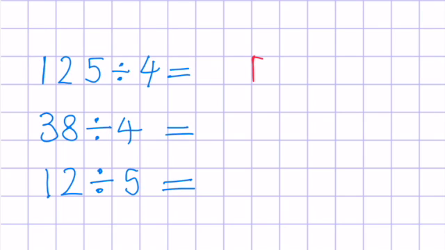125 divided by 4. 4 goes into 1, 0 times, and then there's 12. Carry the remainder. 4 goes into 12 3 times. 4 goes into 5 once, and we have a remainder of 1.